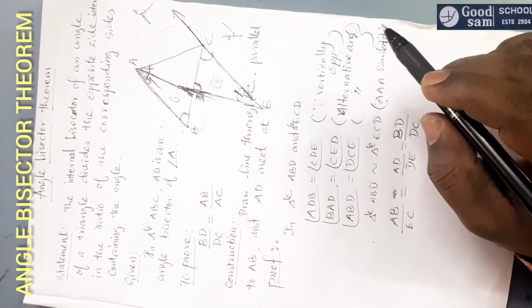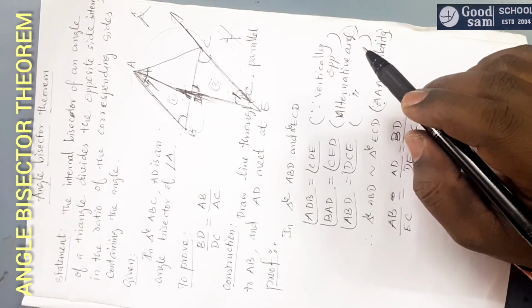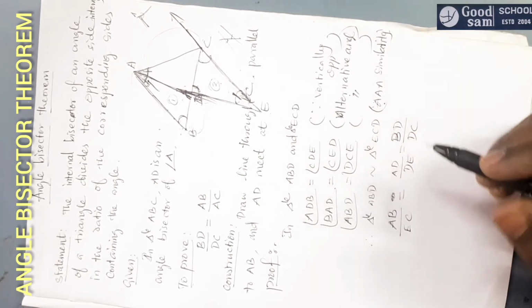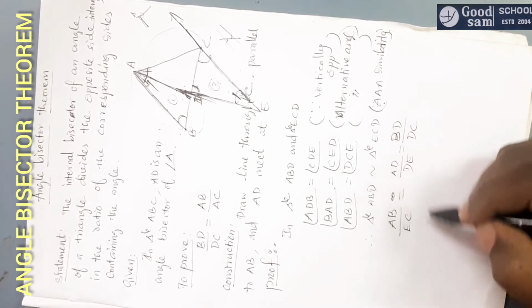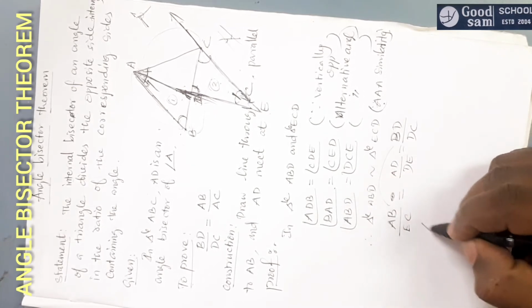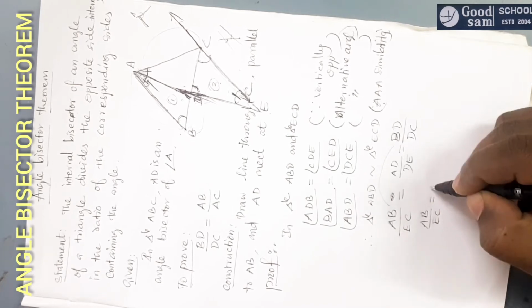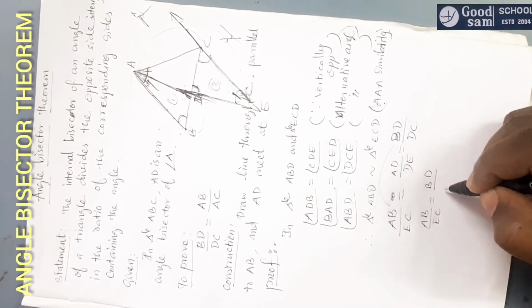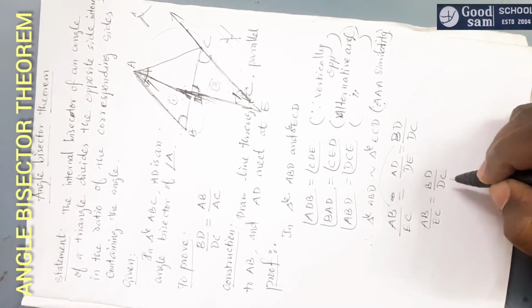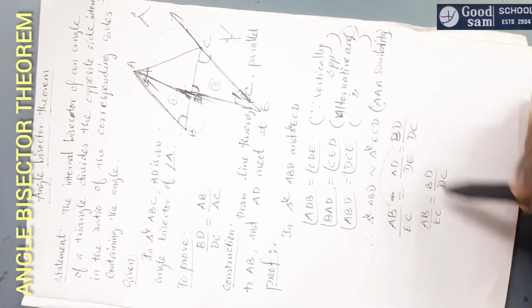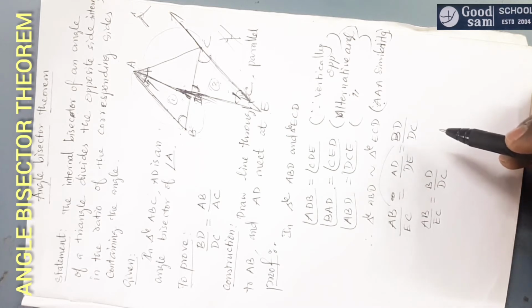In similar triangles, corresponding sides are in the same ratio. So if all these three are equal, AB by EC is equal to BD by DC.